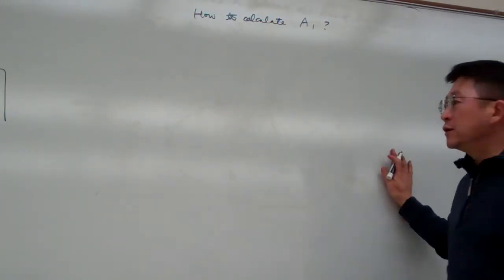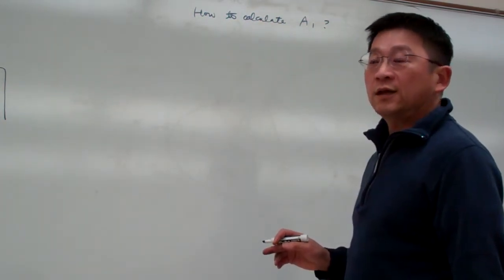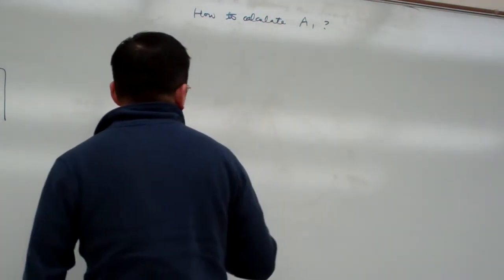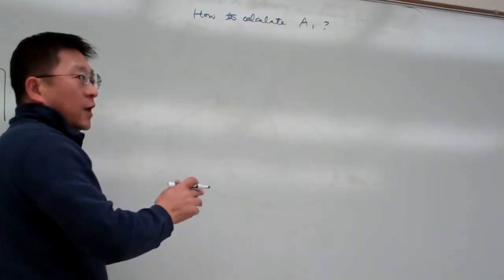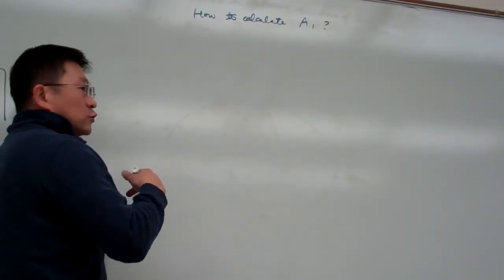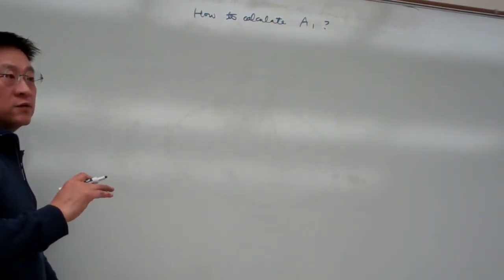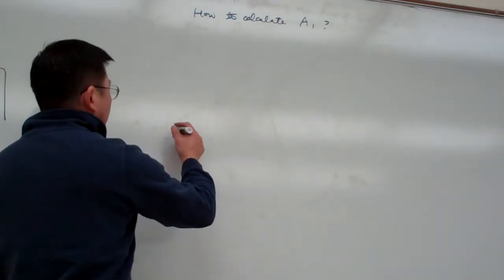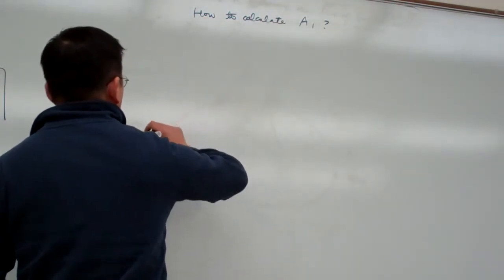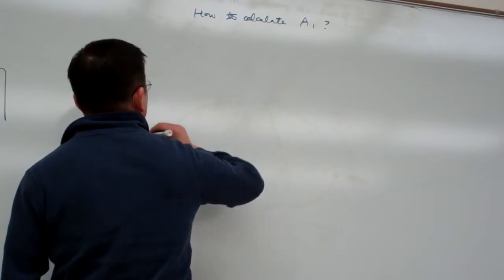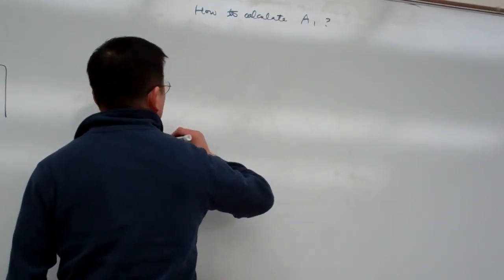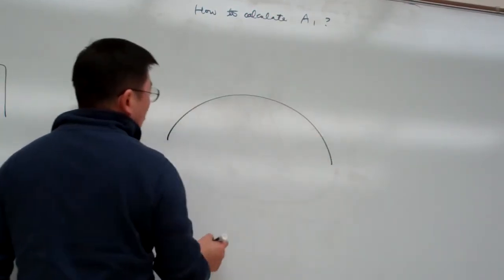So to do this, starting from here, I will draw the orbit, and upon the orbit I'm going to draw an additional circular path. So this is the orbit.